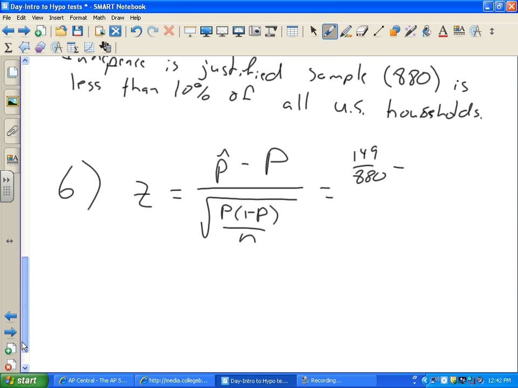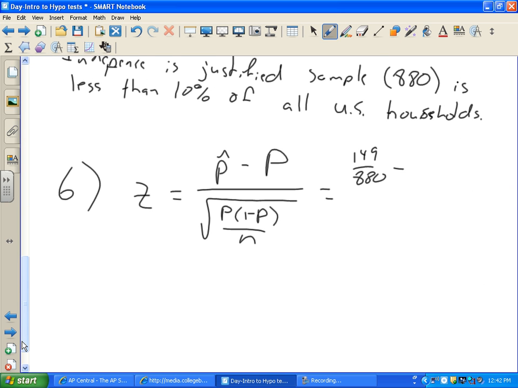I'll say it again. My null hypothesis is what I'm assuming to be true without evidence. And the bottom part, we can do pretty quickly. That's 0.2, 0.8, and that's 880.